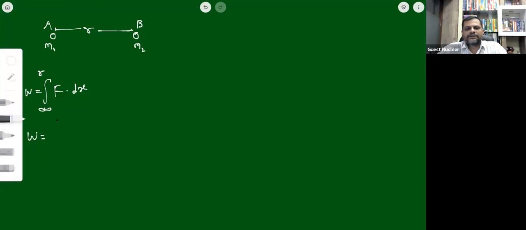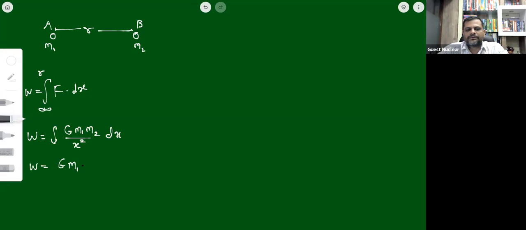Now f, as we know, force of attraction between the two particles is given by g into m1 into m2 upon x square, if they are at a distance x from each other, into dx. So here g m1 m2 can be taken out because it is going to be a constant.